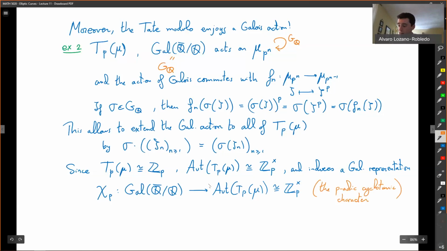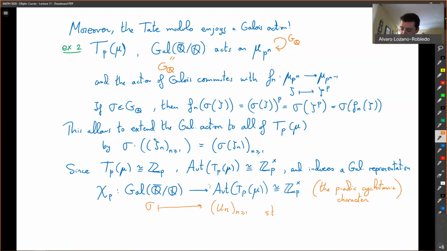And what is the image? The image is: sigma goes to a p-adic unit. I'm going to call it a sequence of u_n, integers, such that how is that u_n determined at every coordinate modulo p^n?